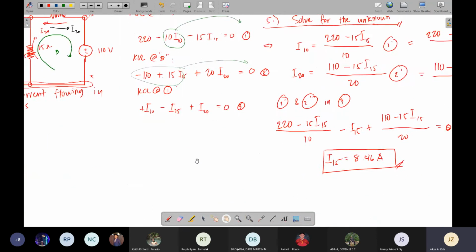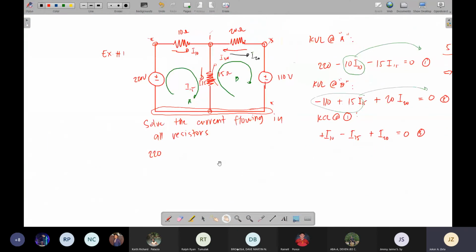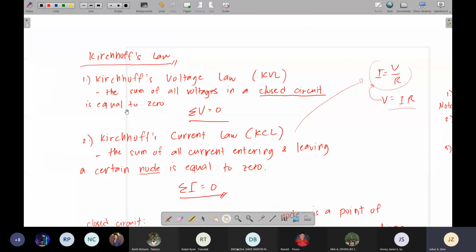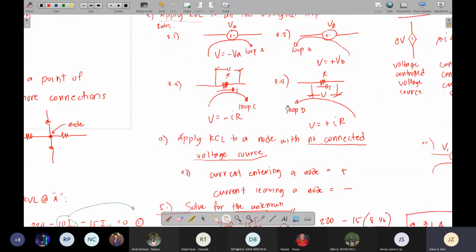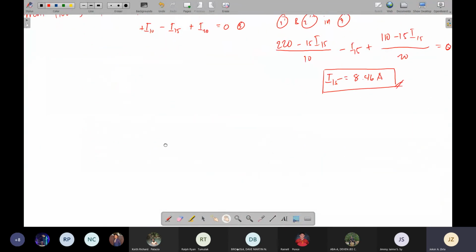Now let me tell you, even if you have a dependent source, your steps are still the same. You will still apply them even if there is a dependent source.